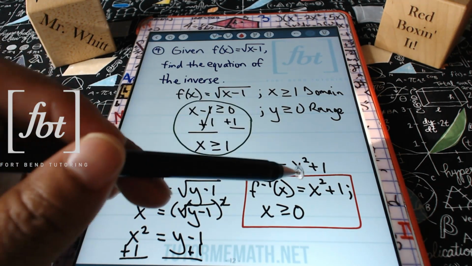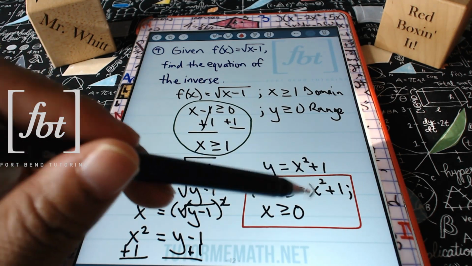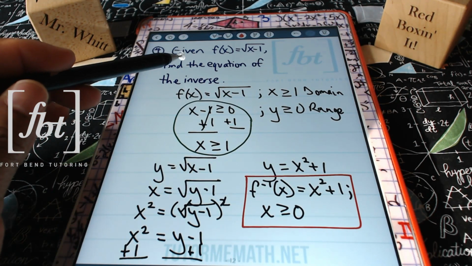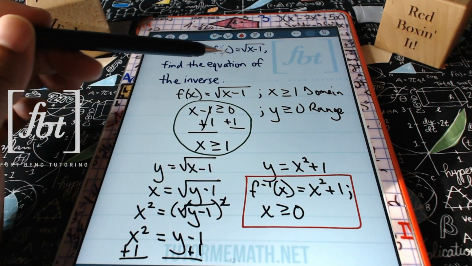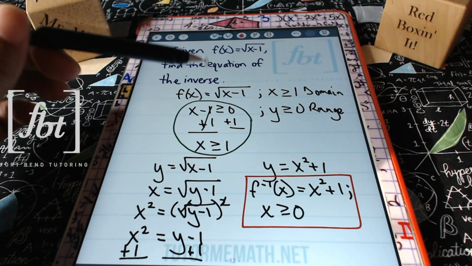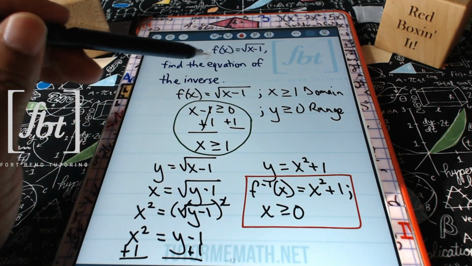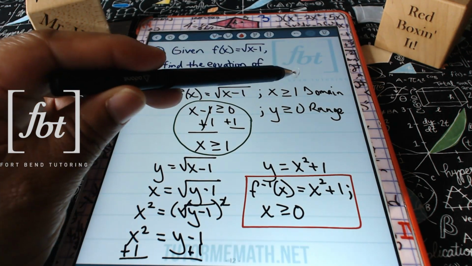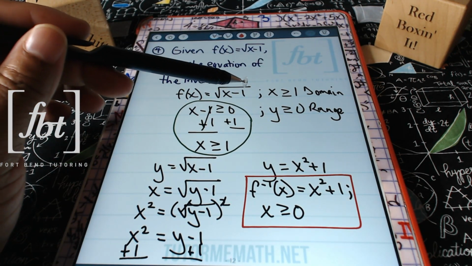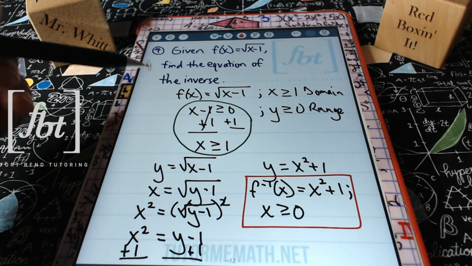It is only a portion of this function that we need to express as the answer for this original problem. So this is what happens when your original equation is bounded by something, or if it's simply bounded due to the domain of the original function. In this case, we had boundaries based on the fact that the domain was restricted to x is greater than or equal to 1. So keep that in mind, guys.